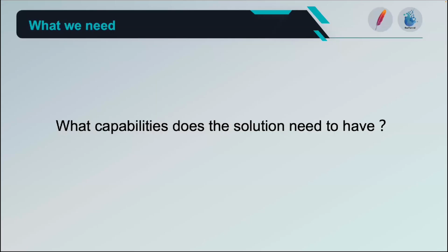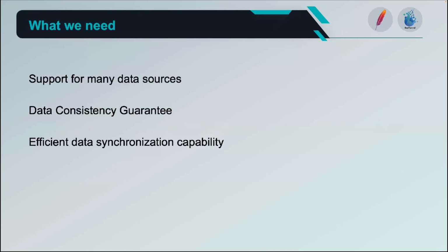What capabilities does the solution need to have? At least we should include these three. First, support for many data sources, so that we can unify multiple data sources into the same data store. Second, a data consistency guarantee, so we can ensure that the data in the two databases is consistent.